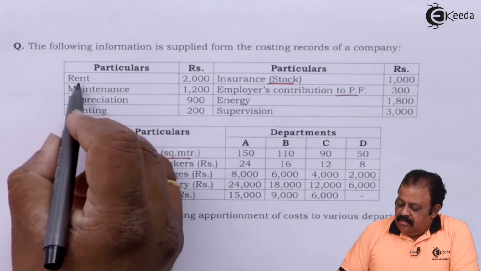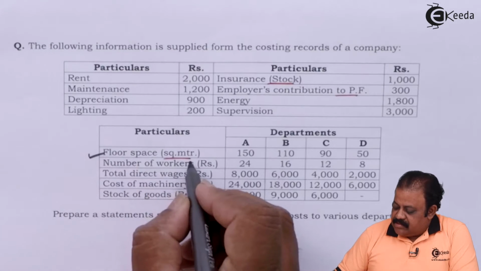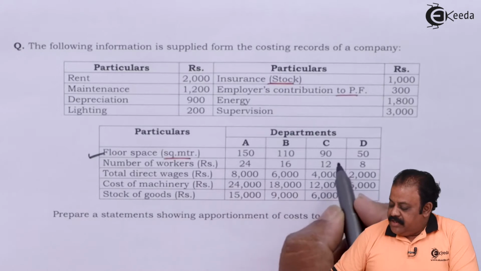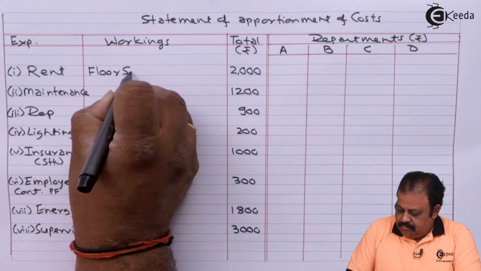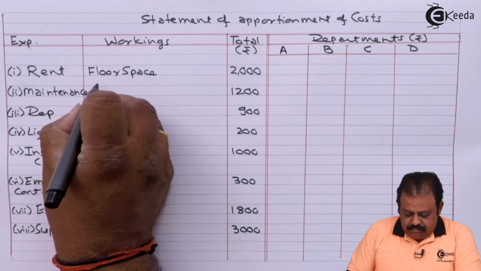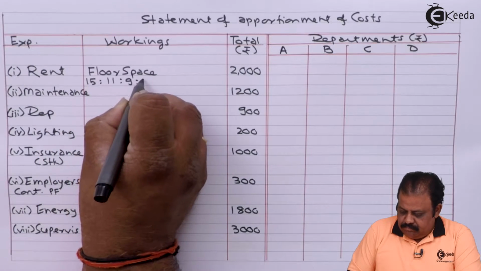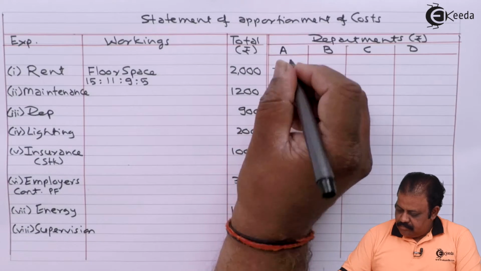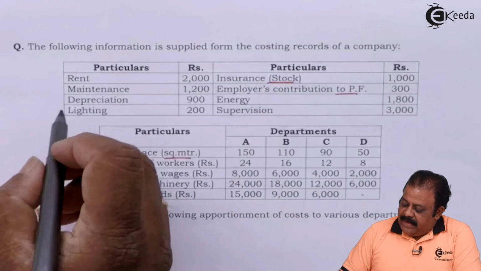Expense of rent will be allocated based on floor space, that is in the ratio of 150 is to 110 is to 90 is to 50. Next expense is maintenance.